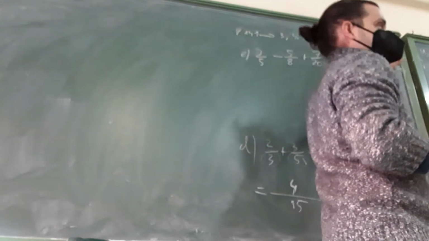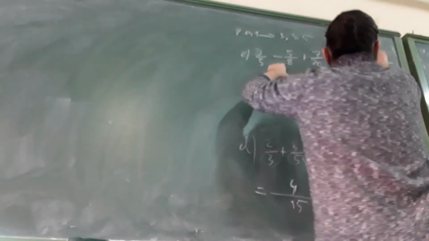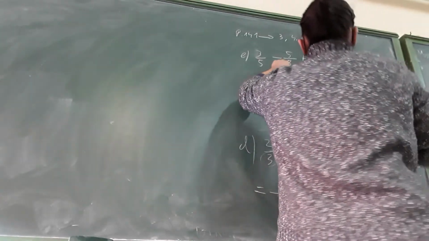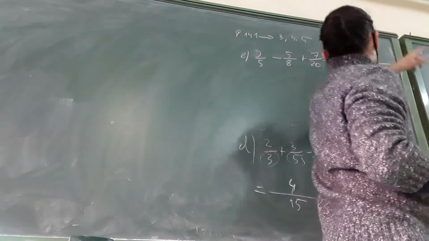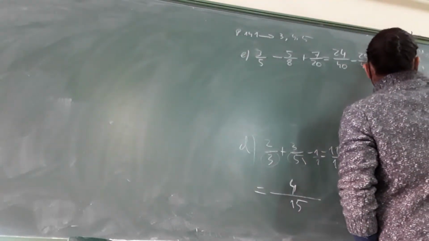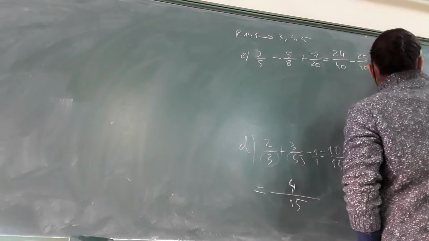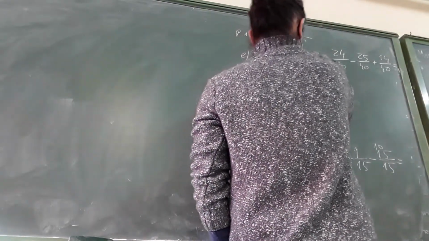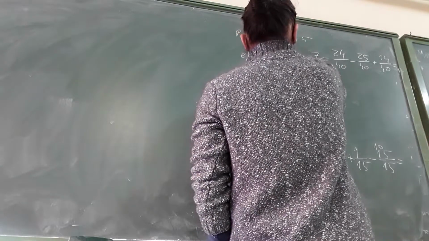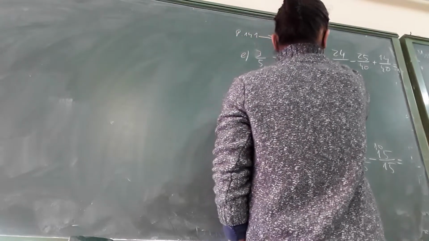The second one, 25. Is that right? Yes. Yes, 40 divided by 8, 5. 5 times 5, 25. And finally, 14. So the numerator is 40, and in the numerator we have to solve 24 minus 25 plus 14.